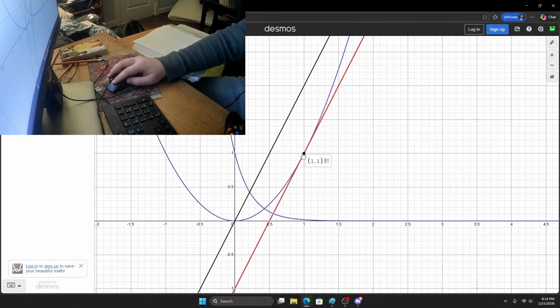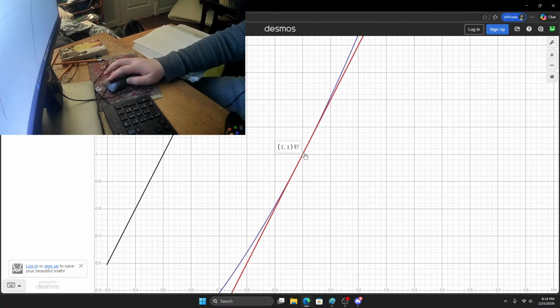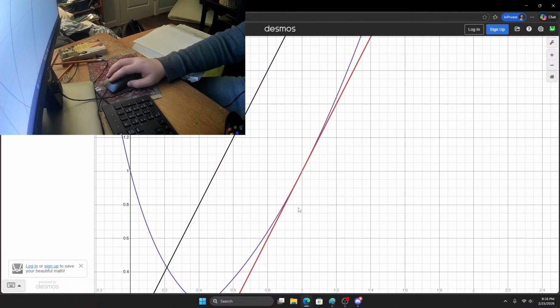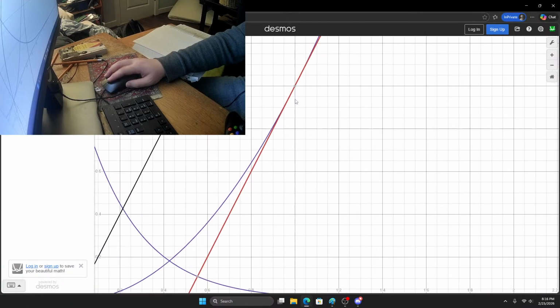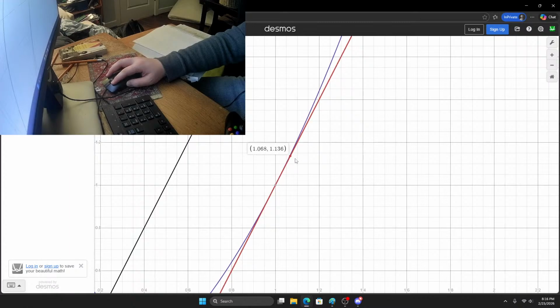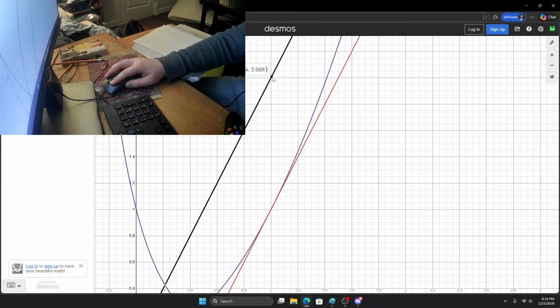So here, right here, it intersects at 1, 1. So this is a line drawn parallel to the original function at the coordinate 1, 1, right? And this line over here, you can see, has a slope of 2.